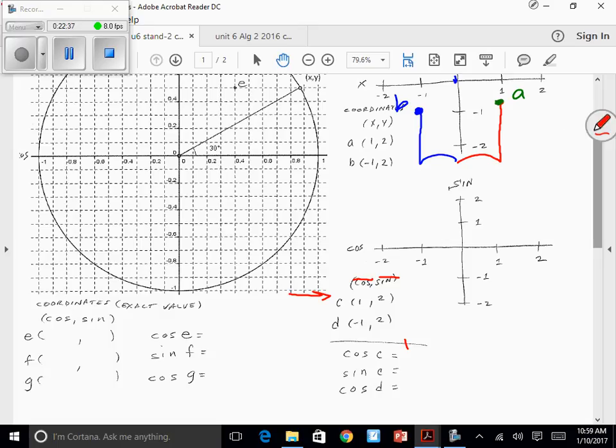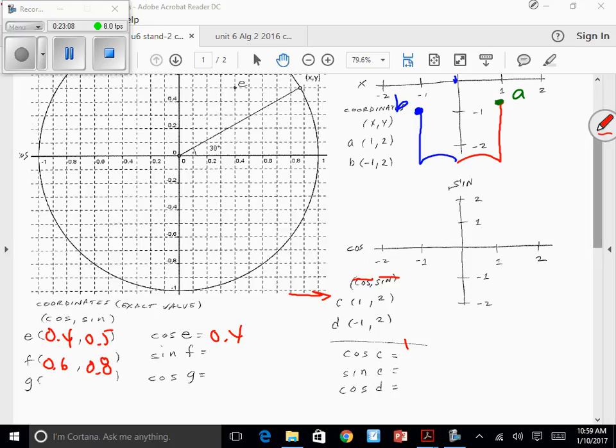0.4. And then just the next one, 0.5. Cosine of E, 0.4. Cosine of F, 0.6. Hope and Ashley, sine of F. What is that?